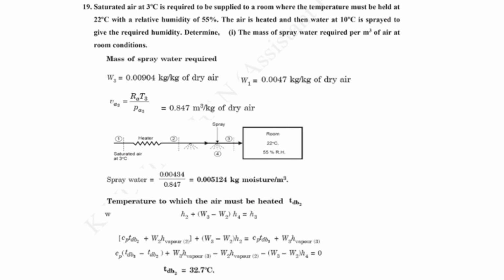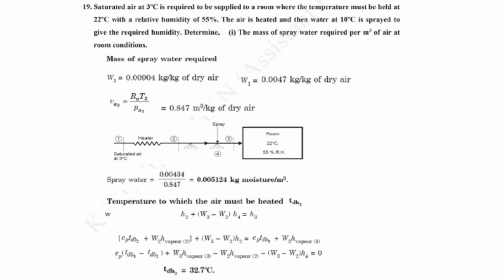After the air reaches the spraying section, the air will enter the room at 22 degrees Celsius and 55% relative humidity condition. The spray water is also calculated from the moisture per meter cube value.